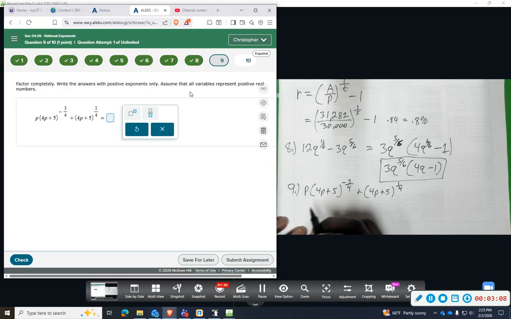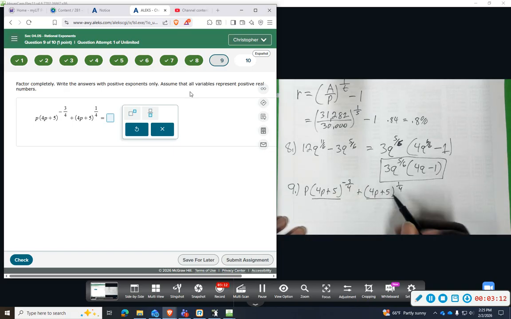Now, the thing that they have in common is this 4p plus 5 part. And similar to what we did here, we're going to factor out the smaller value. Now, the negative 3/4 is the smaller value, so that's what we're going to factor out.